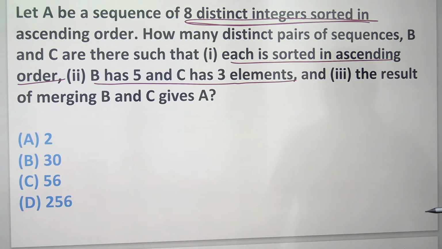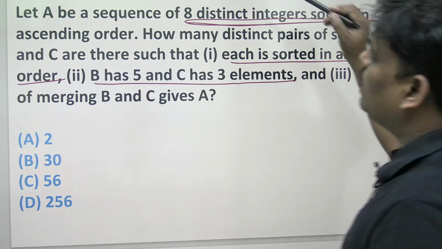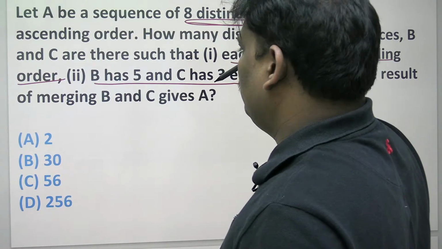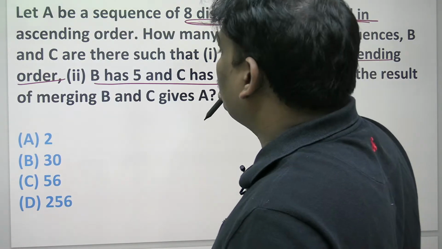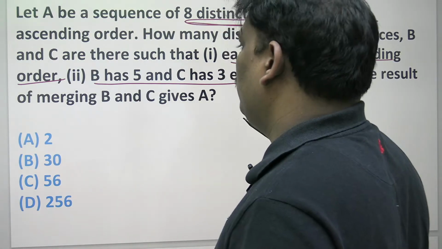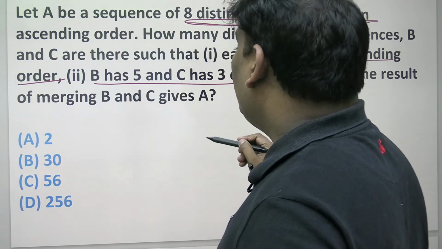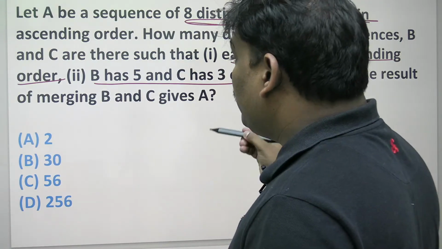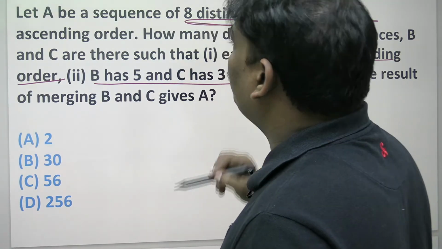So a combination of 5 elements will also be sorted, because when you say combination, order makes no difference. But when you say permutation, then order makes a difference.